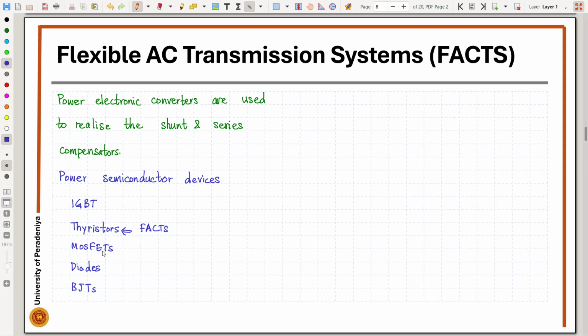Of course we will use MOSFET, IGBT, and diode based converters as well, but thyristor-based converters are going to be used a lot in the FACTS devices arrangement. Therefore, we will make a brief review on thyristors and thyristor circuits so that you will be in a good position to understand how these circuits are going to work.